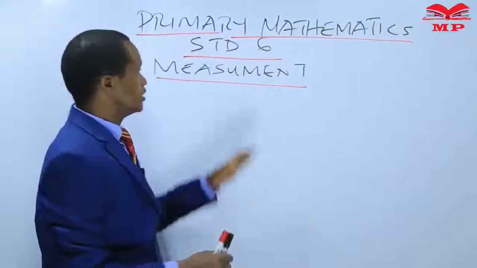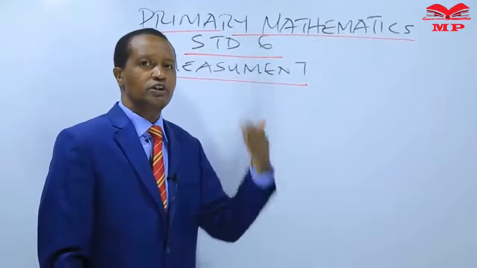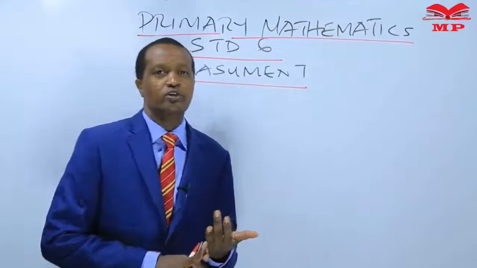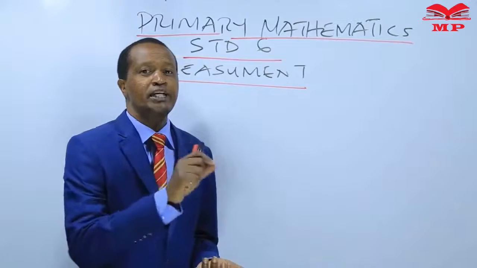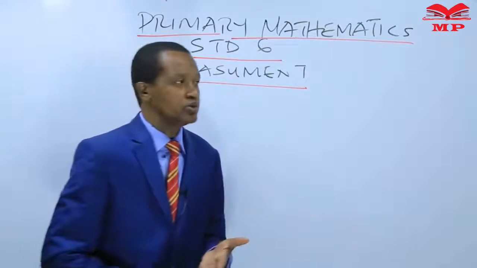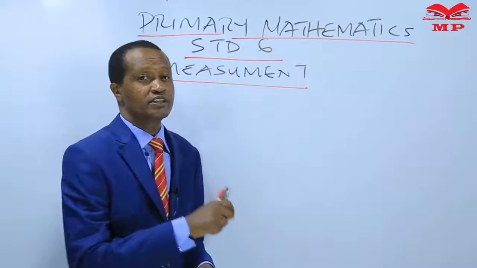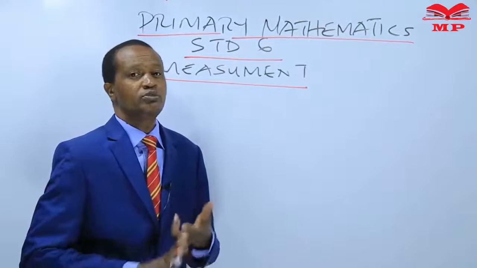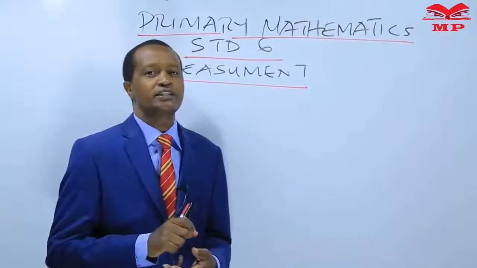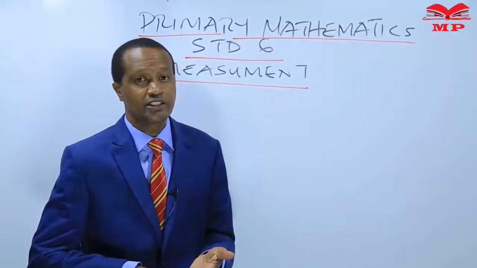Pupils, by the end of this topic, you should be able to do 6 things. Number 1, you should be able to recognize and identify the millimeter as a unit of measuring length. Number 2, you should be able to convert millimeters to centimeters and vice versa. Number 3, you should be able to recognize and identify pi as a relationship between circumference and diameter.